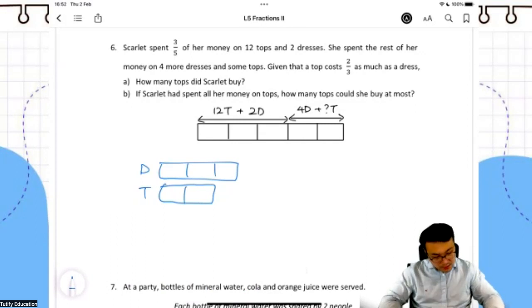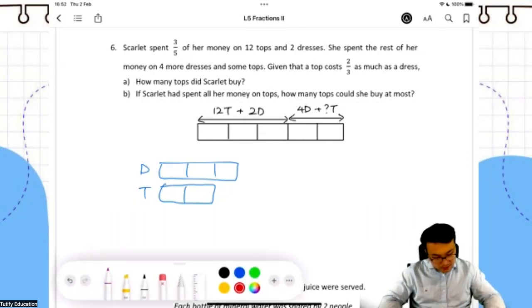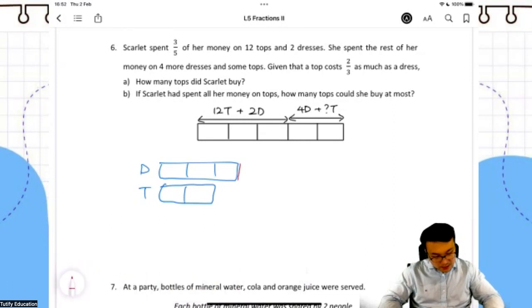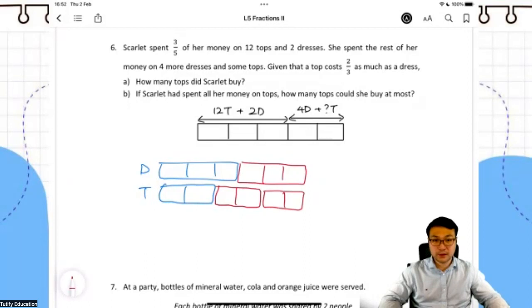So, do you agree, students, that if I were to buy another dress like this, but if I were to draw another 2 tops here, then they will be equal. Correct or not? What can I say? I can now say that actually 2 dresses is equal to 3 tops.